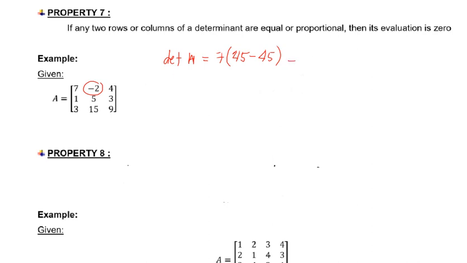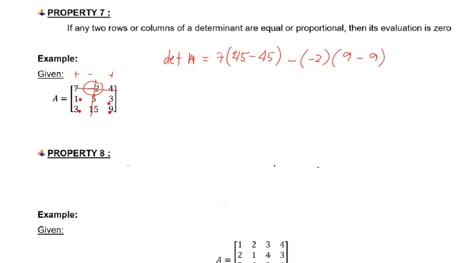The signs are plus, minus, plus. So minus negative 2 times, if we eliminate row 1, column 2, we have 1 times 9, that is 9, minus 3 times 3, that is 9.